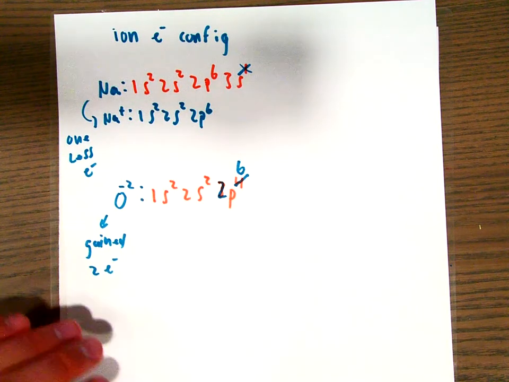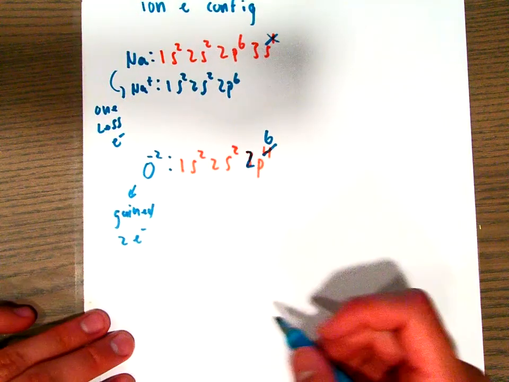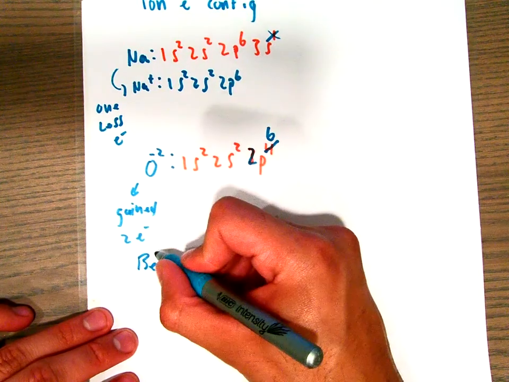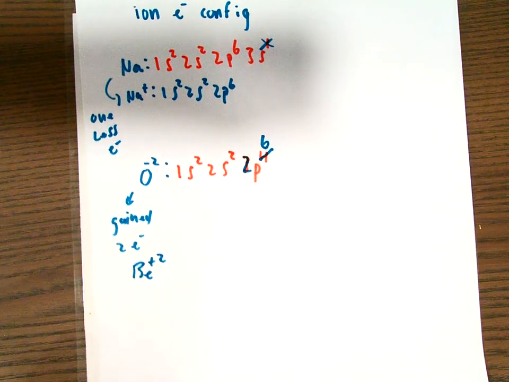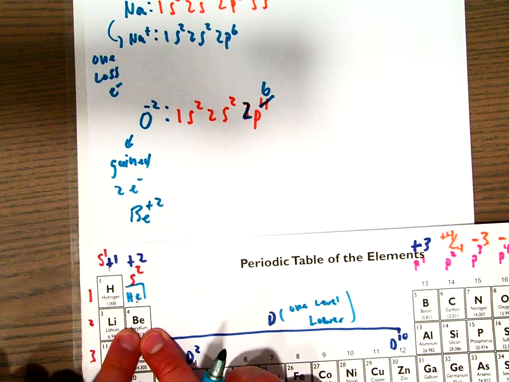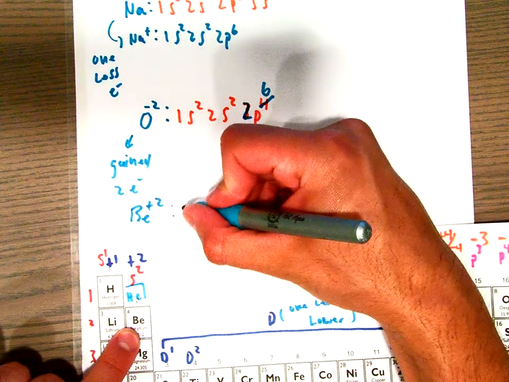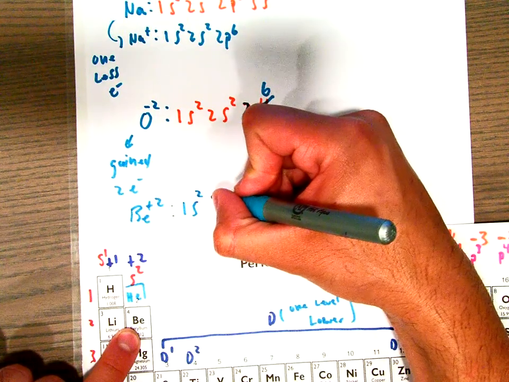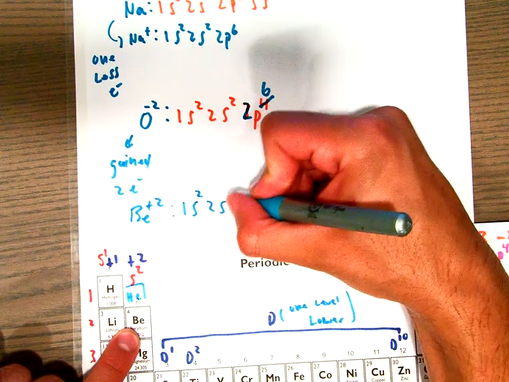Let's look at another example here. Let's do a relatively simple one. We'll do beryllium here, which has a charge of +2. So we're doing beryllium, which is located here on the table, right? So the regular configuration is 1s2, 2s2.